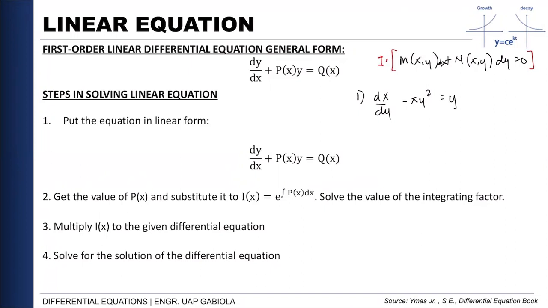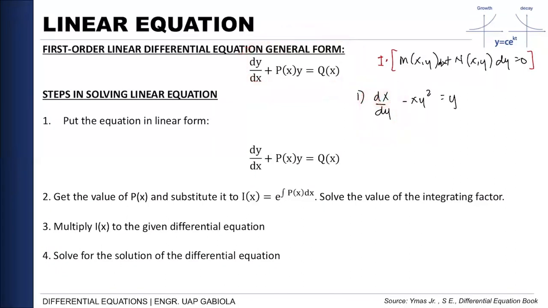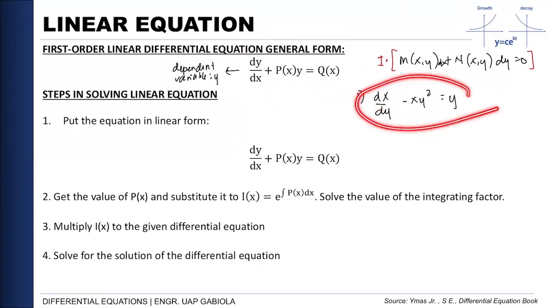Okay? So as you can see here, the derivative is such that our dependent variable is x. Meaning, the original form had y as the dependent variable, but here, what we differentiate is x. So x is the dependent variable. So meaning, this particular given differential equation is linear in the sense that the dependent variable is x.